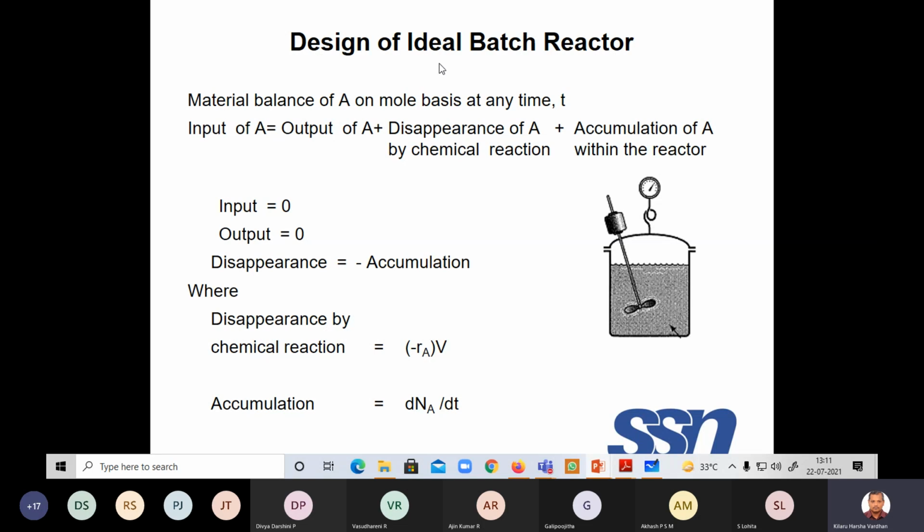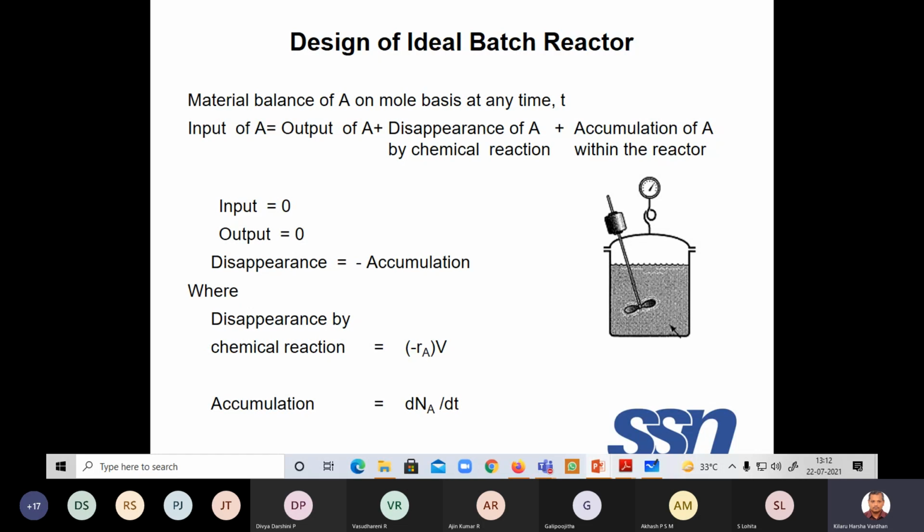Generally all real reactors are non-ideal. We use ideal conditions to compare our performance. In your calculation, you may get a conversion of around 90%, but in reality you may not get it.